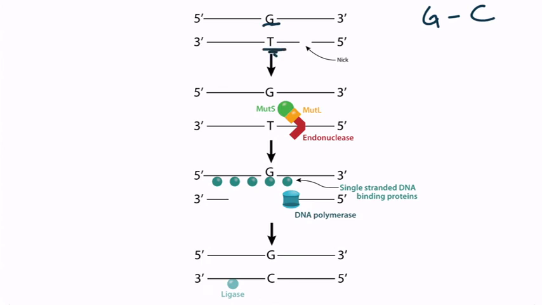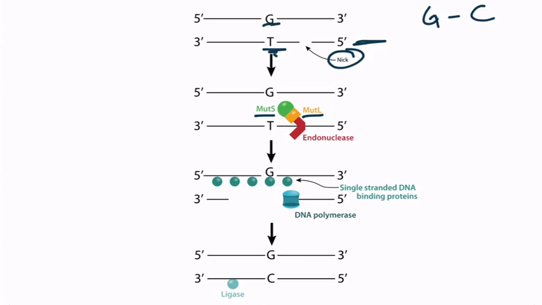In other words, the bases are mismatched and the T must be replaced with a C, hence the name mismatch repair. During DNA replication, the daughter strand, which is represented right here in this figure, normally contains nicks, which you can see right here in the figure. These nicks distinguish it from the parent strand of DNA. Two proteins, MUT-S and MUT-L, can slide along the daughter strand until they find the nicked region.